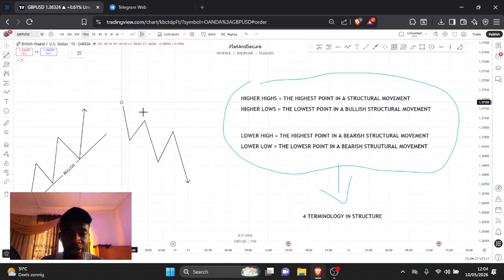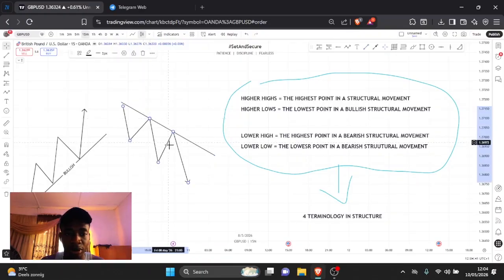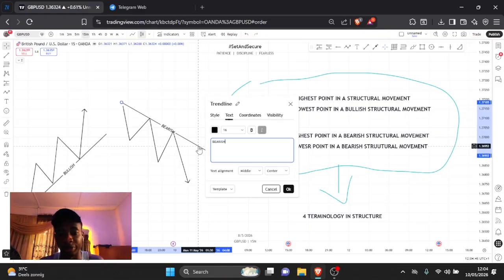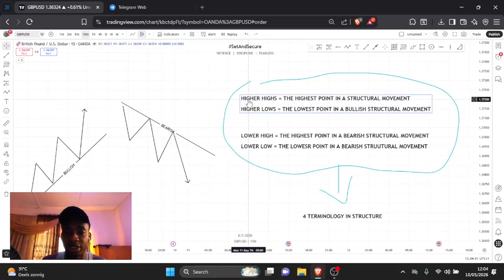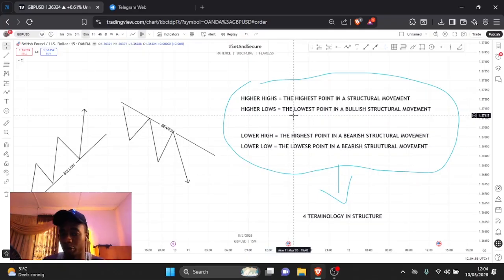This is a bearish movement. Now, just by the explanation of higher highs and higher lows, I think you should know what we are going to be looking at.